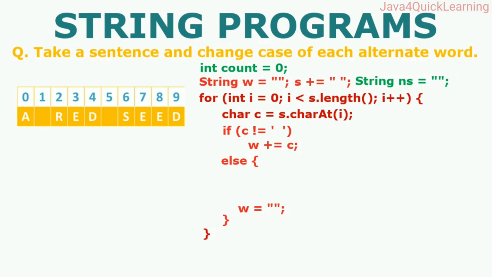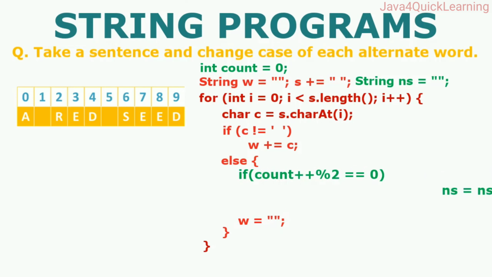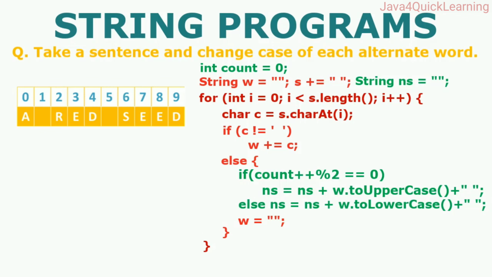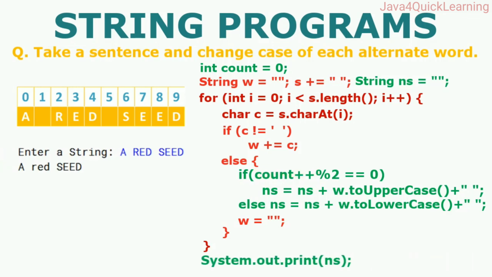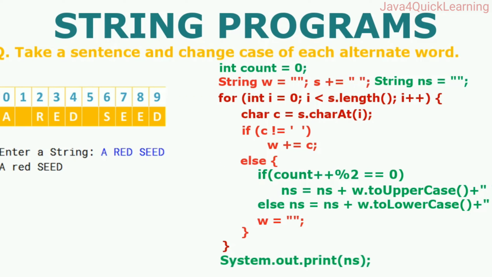Inside the loop, we will check if count is even or odd. If it is even, we will convert the word to uppercase, and if it is odd, we will convert the word to lowercase and then add it to our new string. We will increment the count every time we get a new word. Once out of the loop, we will print it. This gives us the program to generate a sentence with alternate cases.